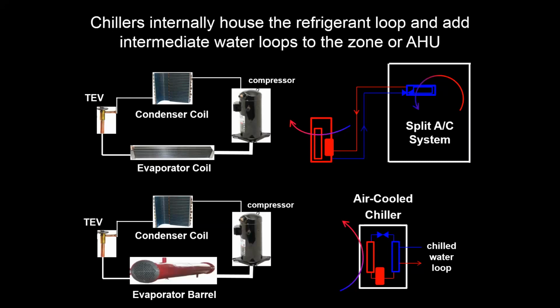And then it's got these intermediate loops for chilled water that runs out to the space to a coil, and either an ambient air conditioned or condenser water to a cooling tower. But we're talking about the same equipment, but instead of an evaporator coil, we have an evaporator barrel, which, as we saw in the heat exchanger section, is an indirect liquid-to-liquid heat exchanger device.